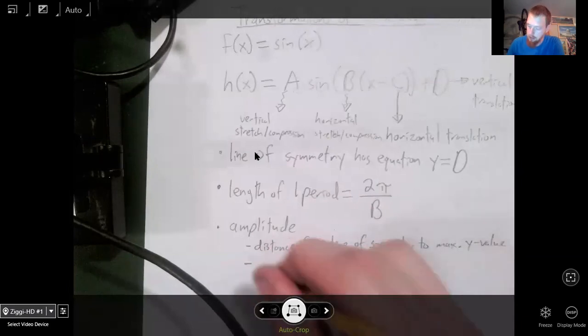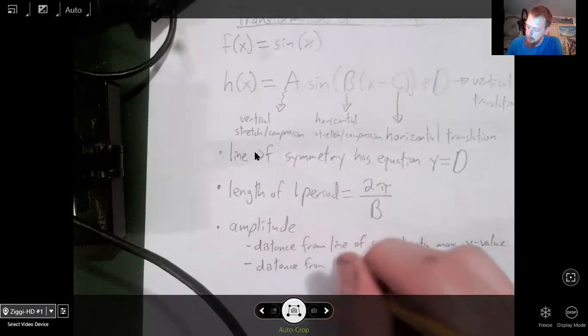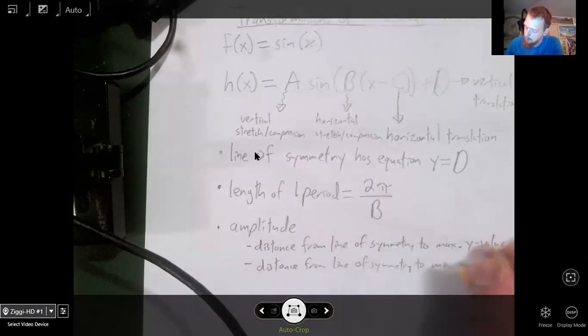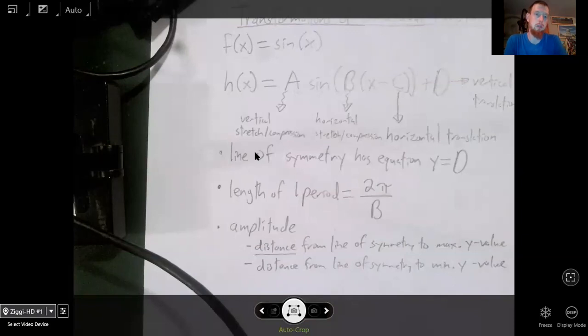And similarly, the distance from the line of symmetry to the minimum y value. The most important word there being distance. When you think of distance, you think about how far it is from point A to point B. You think of a ruler.